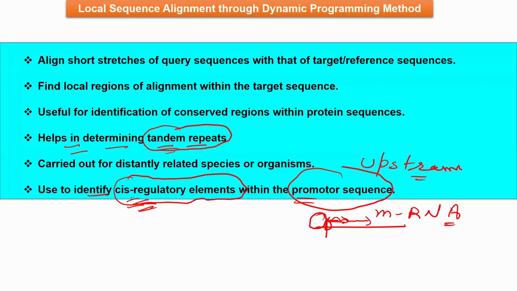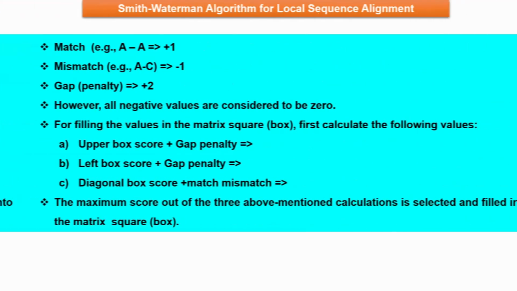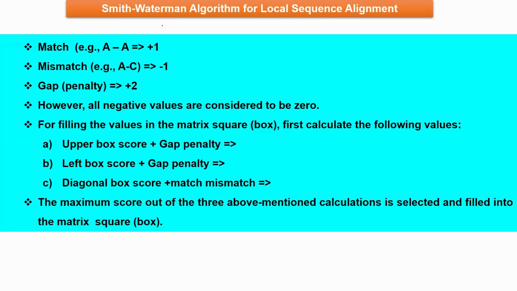Moving forward, now we will see how local sequence alignment can be carried out using the Smith-Waterman algorithm. Like the Needleman-Wunsch algorithm discussed in my previous video, for every match between a pair of nucleotides, a score of +1 is applied. For every mismatch, a score of -1 is applied. For example, A does not match with C, or A does not match with T, or A does not match with G. In addition, a gap penalty results in a score of -2.